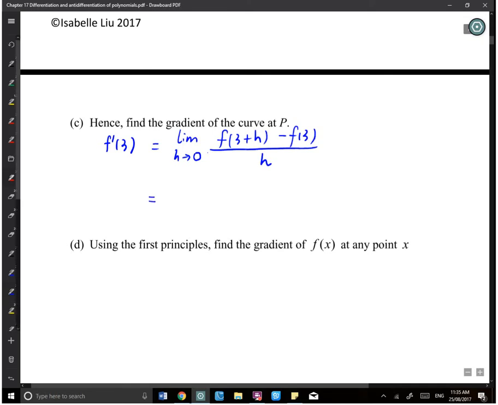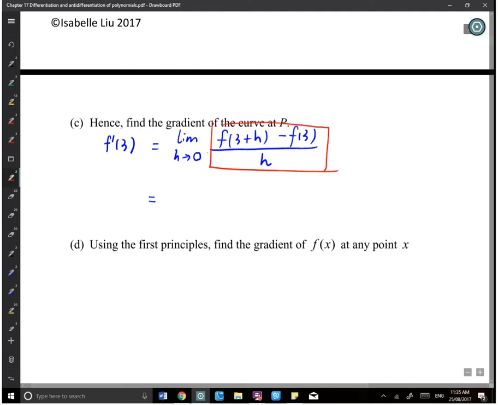Does this expression look familiar to you? Have you found it before? Can I simplify it? Go back to the previous page.